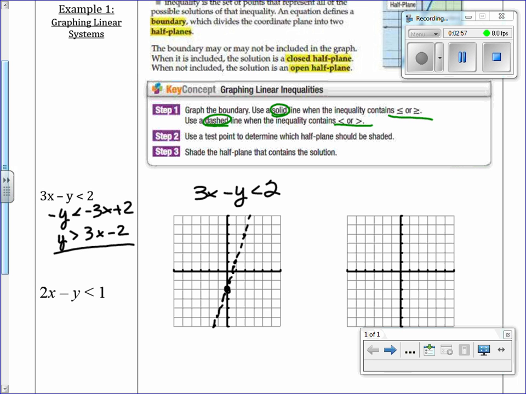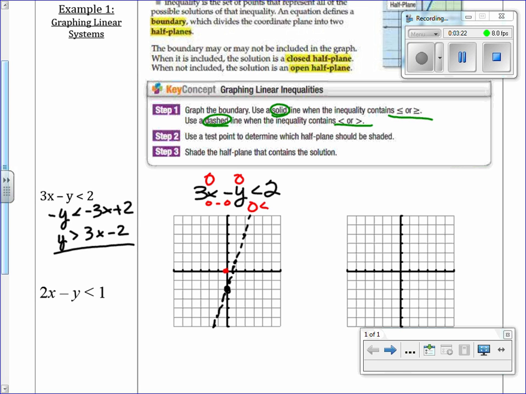Now the question is, what side of this line actually represents the solution to this inequality? In order to find that out, I'm just picking a point from either side. I'm going to pick the easiest point I know, and that's going to be 0, 0. So x is 0 and y is 0. 3 times 0 is 0. 0 minus 0 is 0.